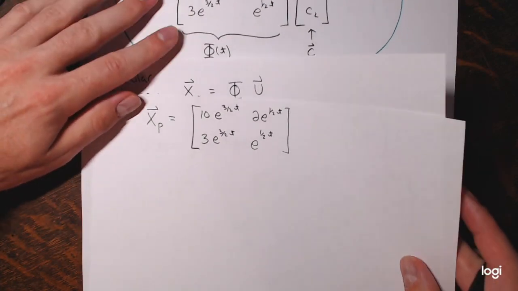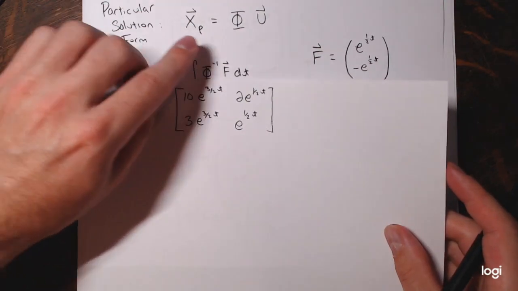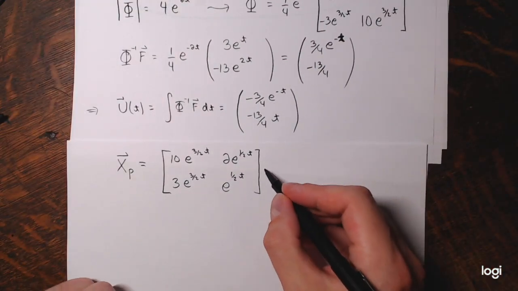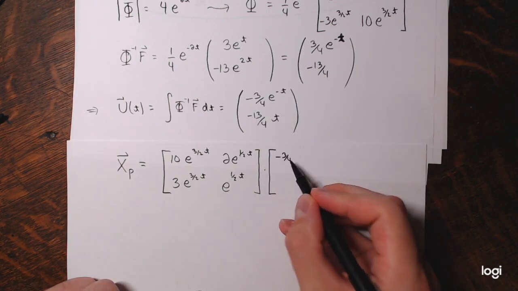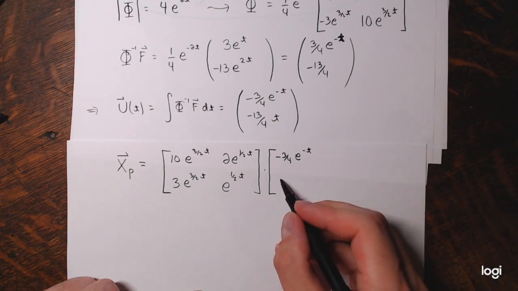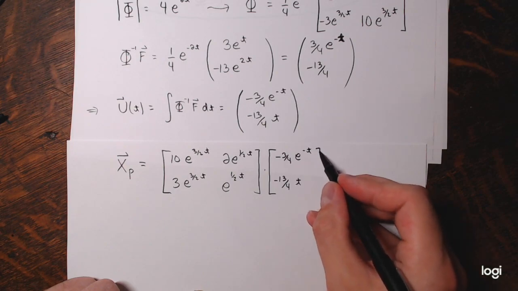Yes, all right, and then times u, right? Phi times u for this particular solution. And u is this, negative 3/4 e to the negative t, and then negative 13/4 t.